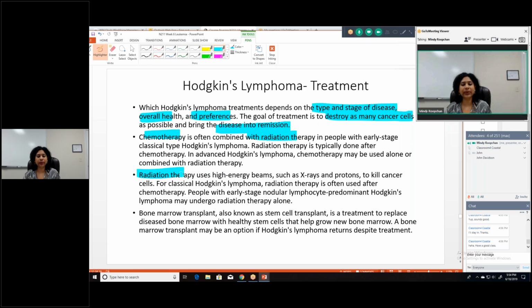So radiation therapy, high beams, they kill the cancer cells. For classic Hodgkin's lymphoma, radiation therapy is used after chemo. Bone marrow transplant, also known as stem cell, we're going to try to get healthy bone marrow in there to grow. A bone marrow transplant may be an option for Hodgkin's lymphoma if it returns despite being treated for it.